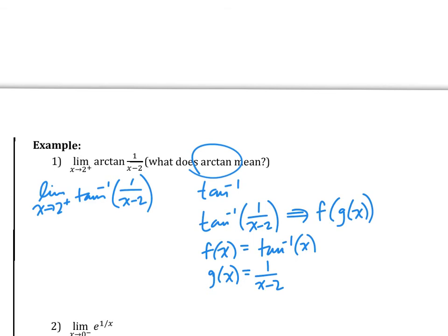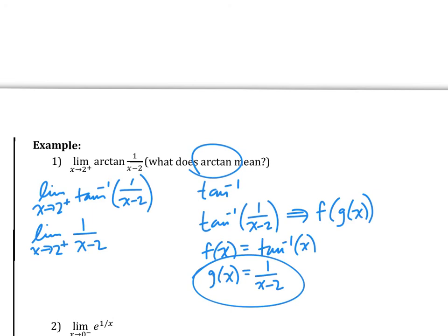So what we're going to do is evaluate the limit of the inner function and then put it back into the composed function. So the limit as x goes to 2 plus of 1 over x minus 2. What is this limit?